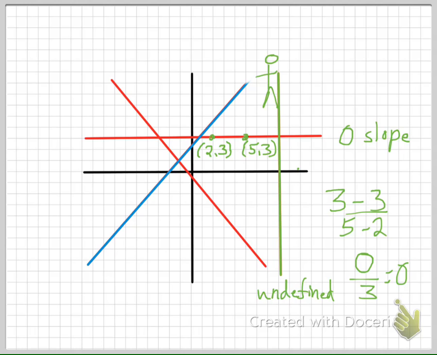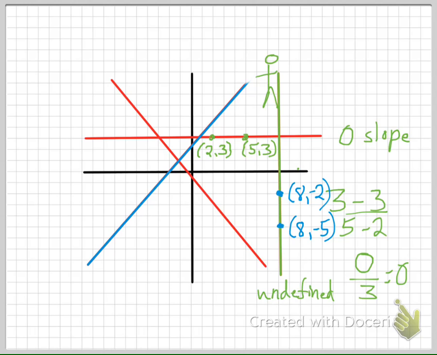An undefined slope, if we look at 2 points on this line, let's say I pick that point and that point. Now this point is, let's see, 1, 2, 3, 4, 5, 6, 7, 8, -2. And this point is 8, -5.